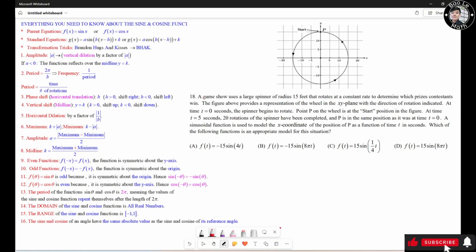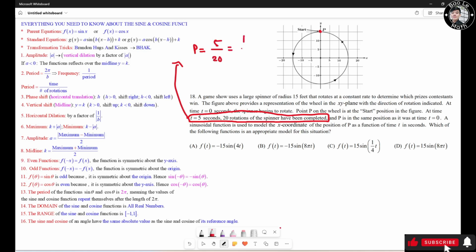Now let's move on to the next example, number 18. This is the starting point. At time t equals 5 seconds, 20 rotations of the spinner have been completed. So this tells us that the period is 5 divided by 20.